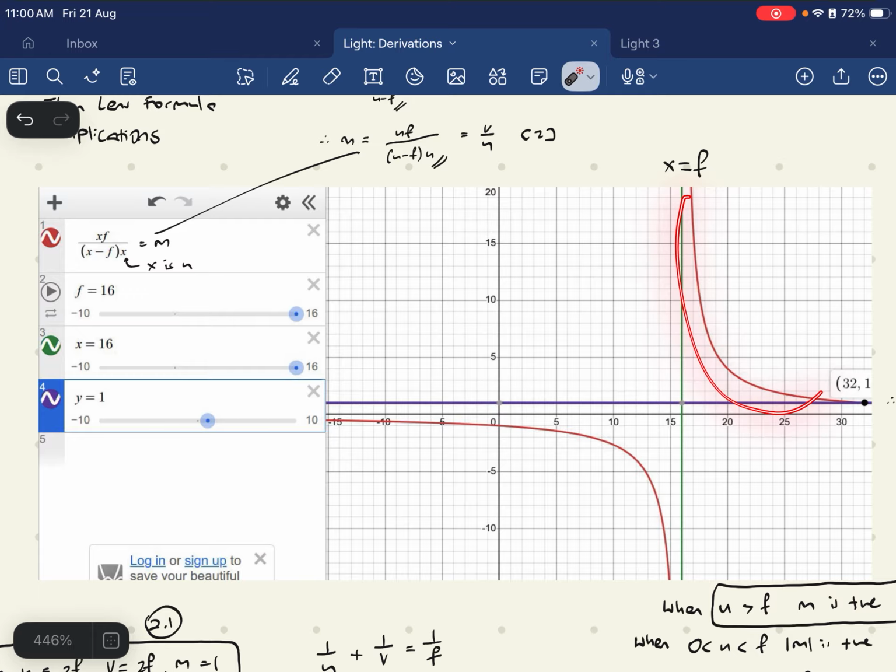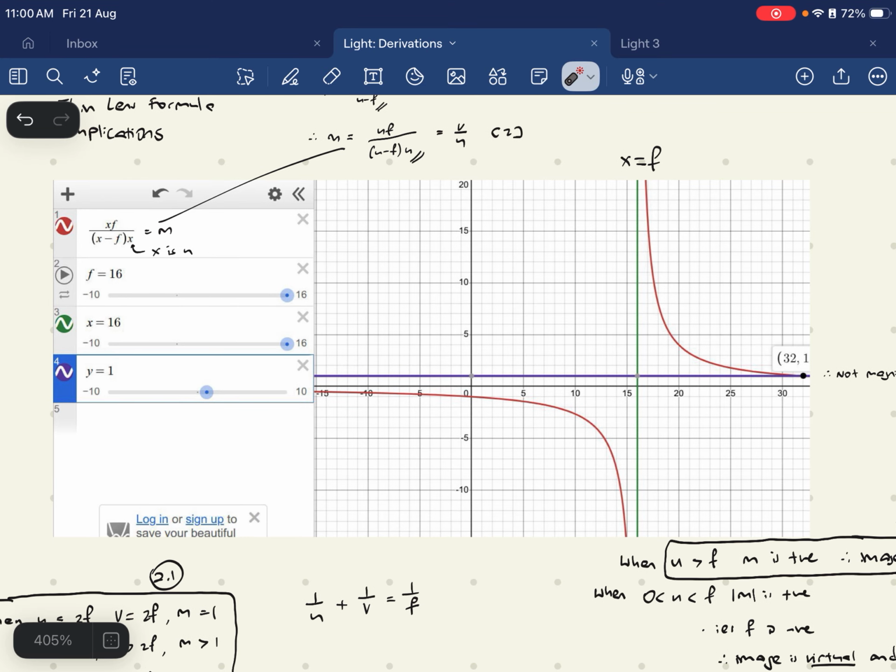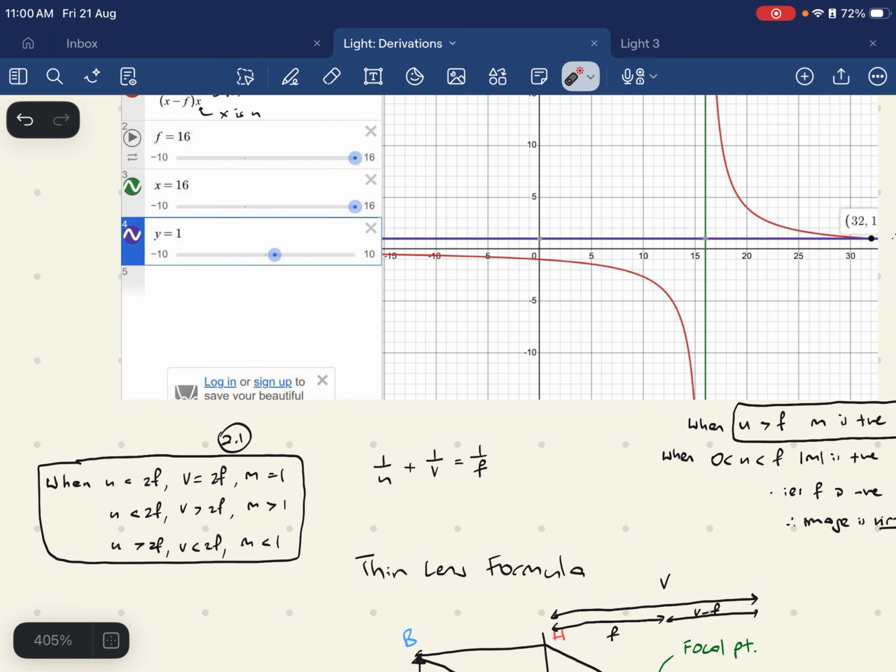It's got 2 shapes, right? And you notice that this is the magnification. And you see that the magnification is always going to be greater than 1 up until a position of u equals 2f. Remember that when u is equal to 2f, the magnification is 1.